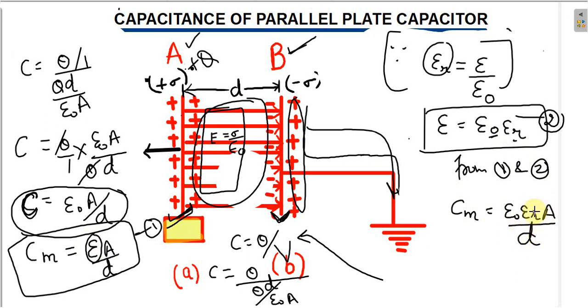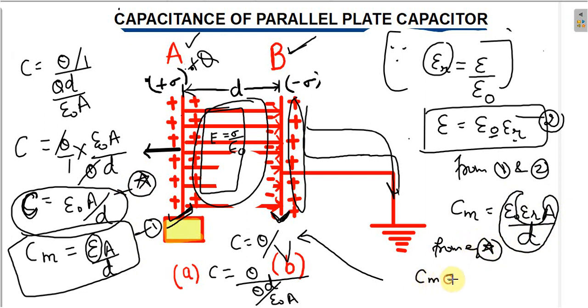And one more thing, you can see this and this. Epsilon naught A by d is from equation star. So from equation star you can write Cm is equal to epsilon naught A by d, which is C. When there is no medium, we can denote the capacitance with C naught.